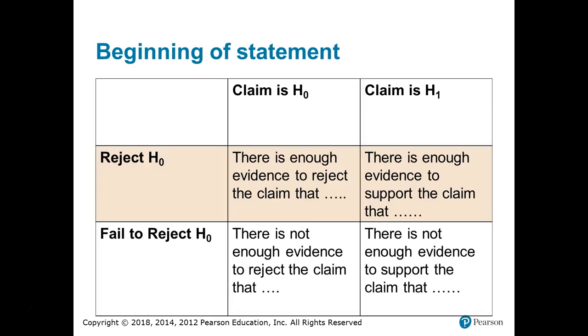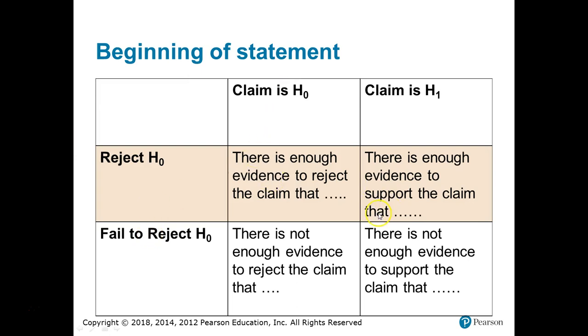I think a little easier way of using that is this little chart I made for us to use. You have 4 possible scenarios. It's almost like a Punnett square from your biology days. Either the claim is the null hypothesis or the claim is actually the alternative hypothesis, and then you can either fail to reject it or you can reject it.